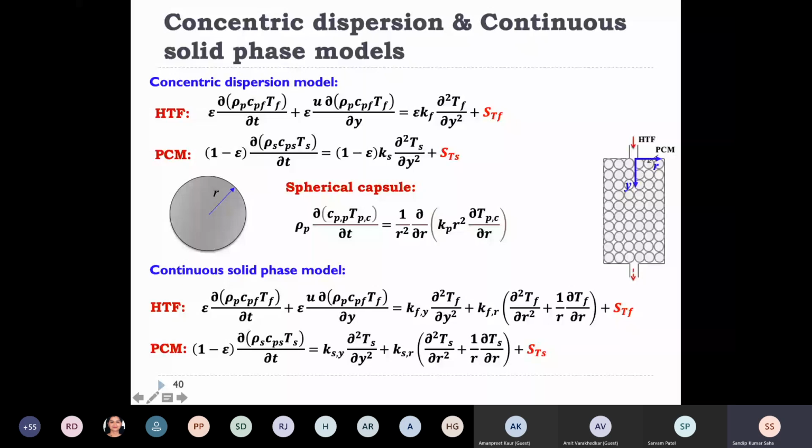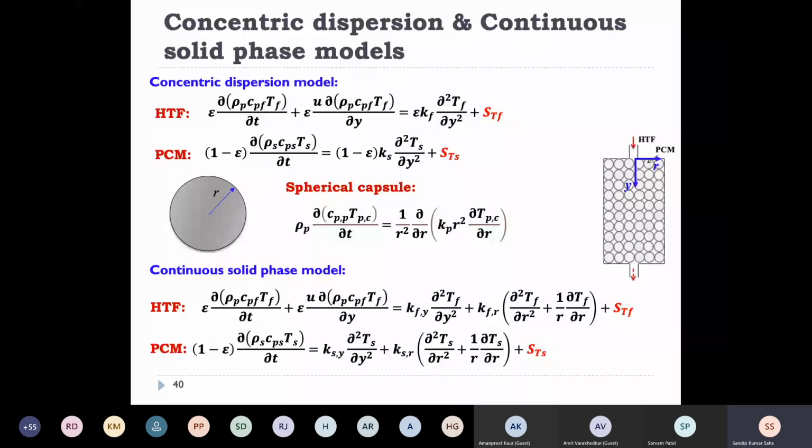If you have a variation in the radial direction, that means you can employ variable porosity along the radial direction. Remember that porosity is not constant throughout the domain.